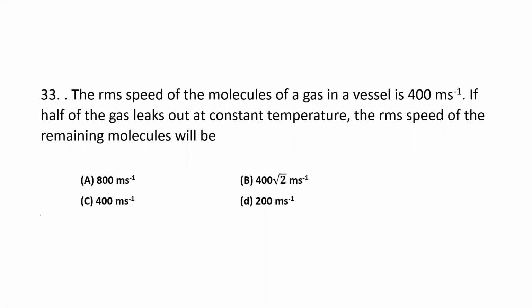Next. The RMS speed of the molecules of a gas in a vessel is 400 meter per second. If half of the gas leaks out at a constant temperature, the RMS speed of the remaining molecules will be what?